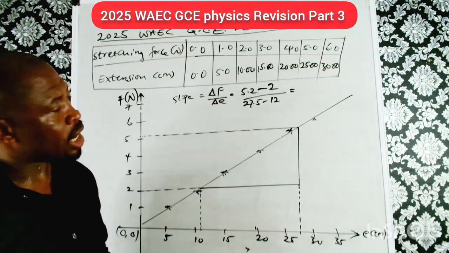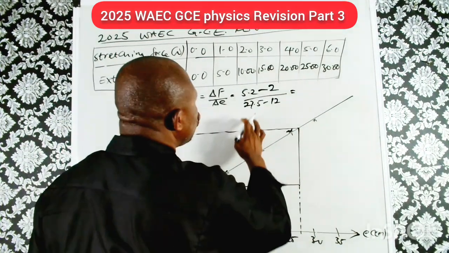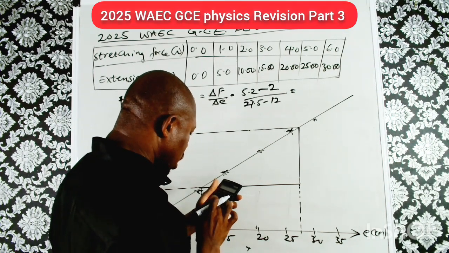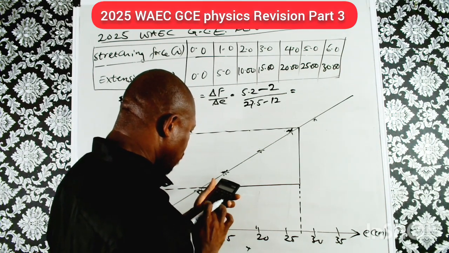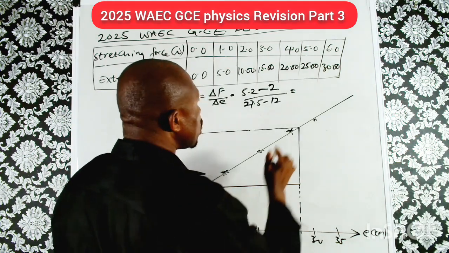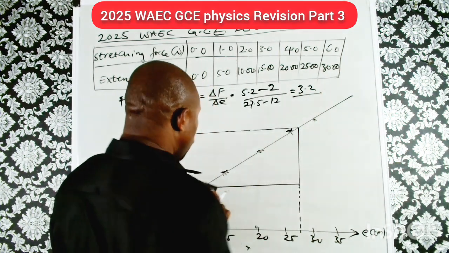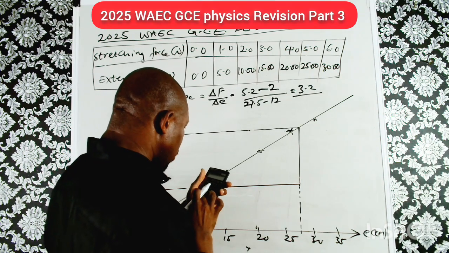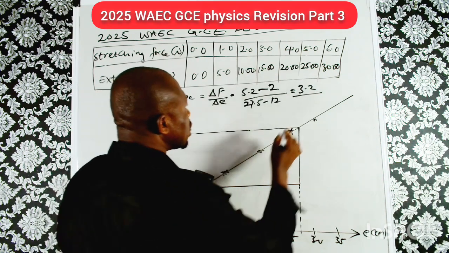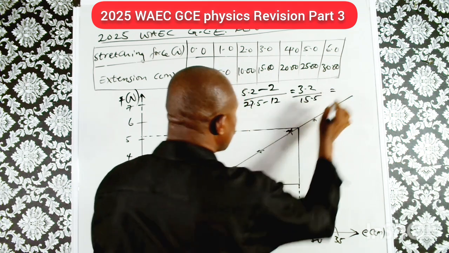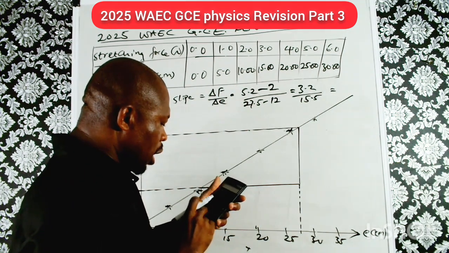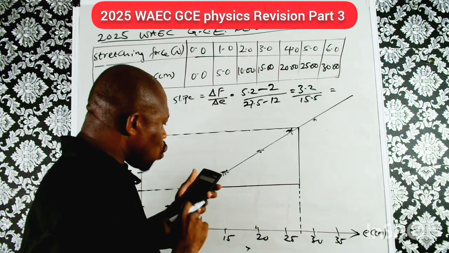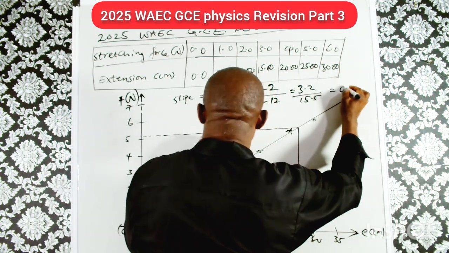Which will now give us 5.2 minus 2, which will give me 3.2. 3.2 all over 27.5 minus 12, which will give us 15.5. So 3.2 divided by 15.5 will give us 0.21.